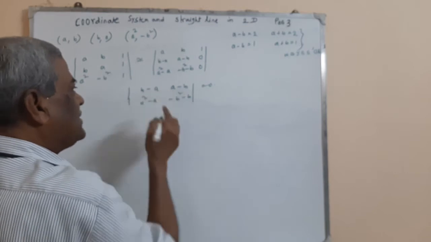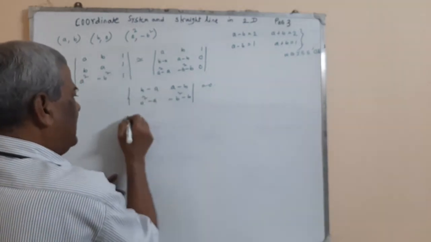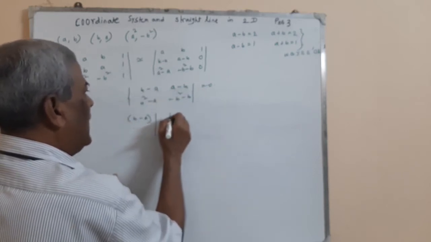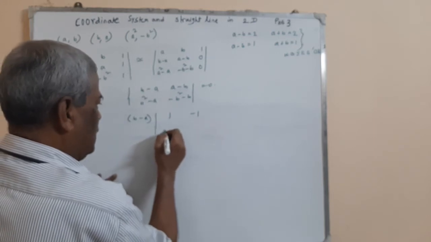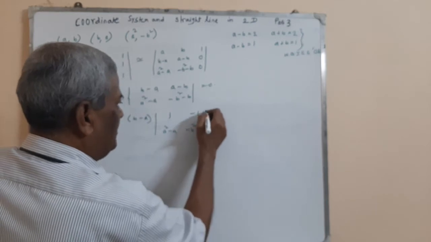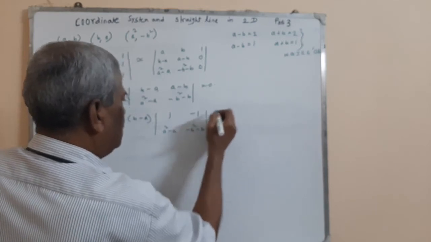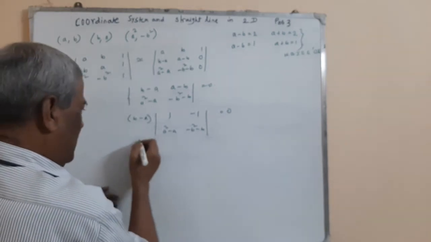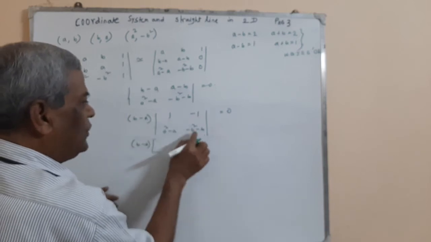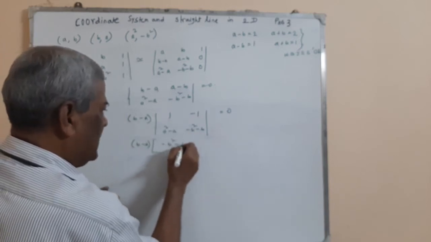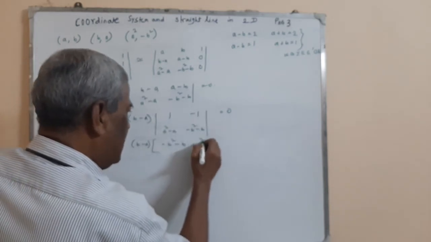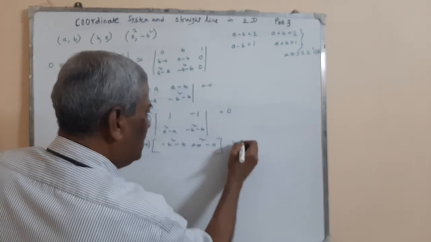Taking A minus B or B minus A common from the first row, it is equal to 1 minus 1, A square minus A, minus B square minus B, that is equal to 0. That is B minus A into 1 into that minus B square minus B, then plus A square minus A is equal to 0.